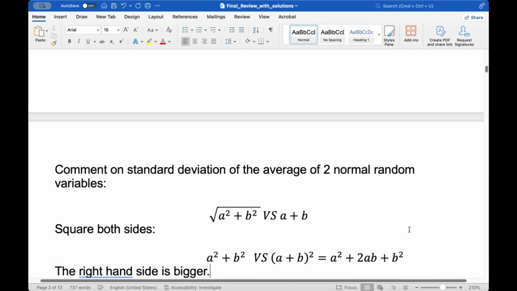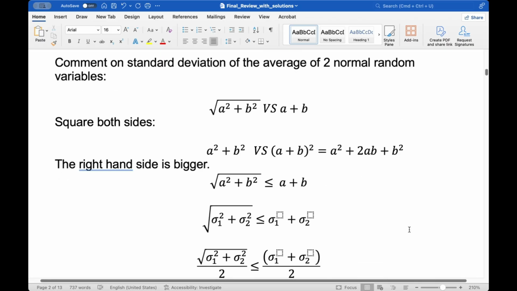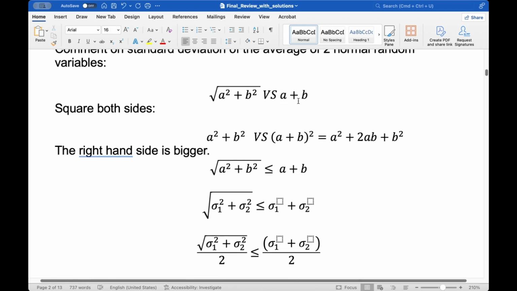All right, a small comment here on the standard deviation. Again, we have to work with variance, so we have to take the square root after the fact. So we do a squared plus b squared, then take the square root to get the standard deviation value. This is just a little comparison to see which one is bigger: adding directly, which would be wrong, or taking the square root of the sum of the squares.